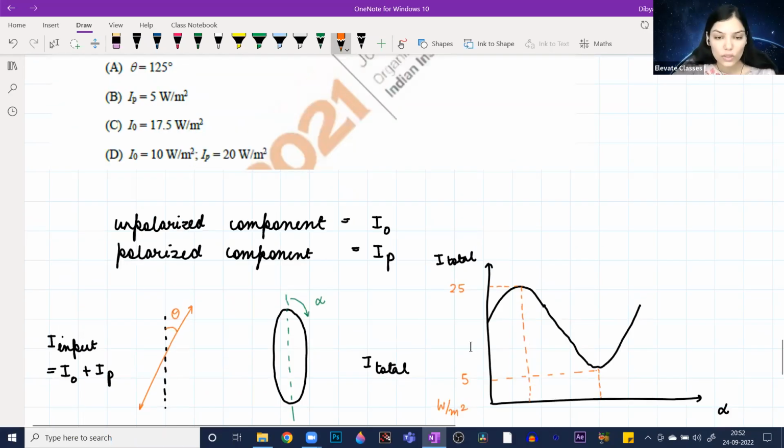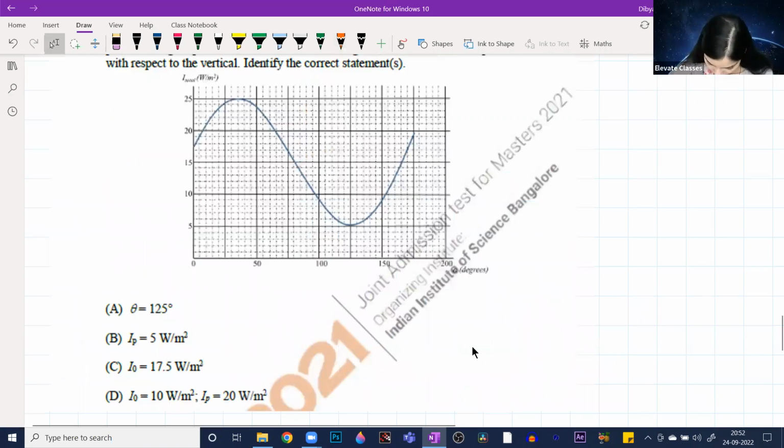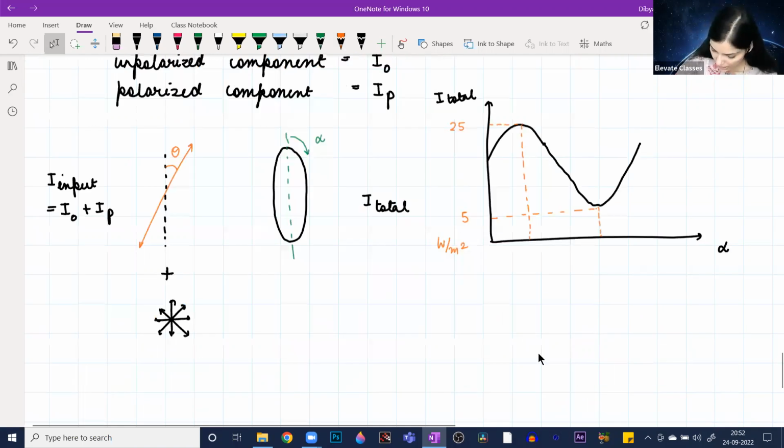So if we go to the graph, I can say that this angle is actually 125 and this angle is actually equal to 35. Okay, that is given to me in the graph कि maxima और minima कहाँ हो रहा है. So this is 35, this is 125 जो कि obvious है कि 90 degree का difference होना चाहिए इनके बीच में, right?